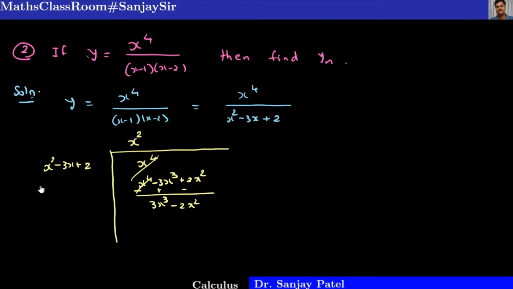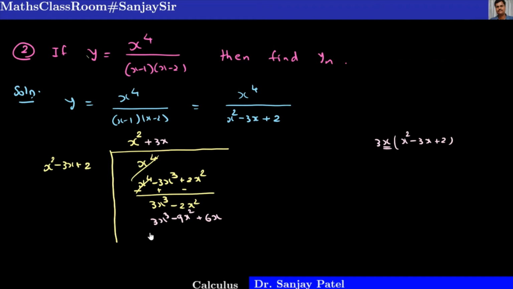So it is clear that if I multiply this with 3 into x, so I will take 3x multiplied by this divisor. So this 3x I will write here. I am multiplying with plus 3x. So it is 3x cube. 3x into x square is 3x cube minus 9x square plus 6x.